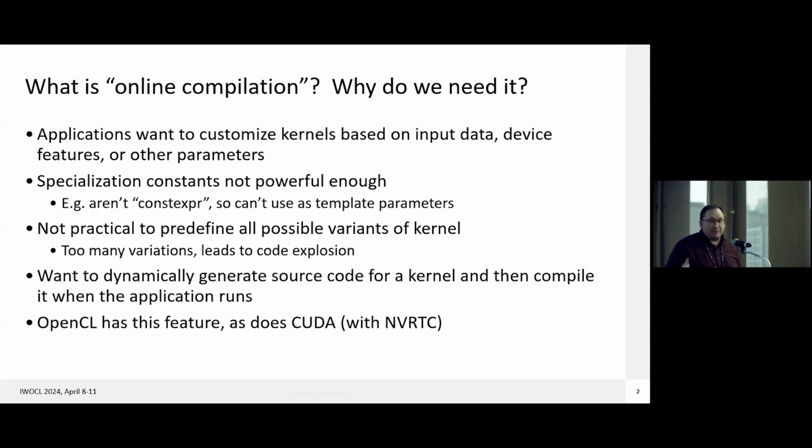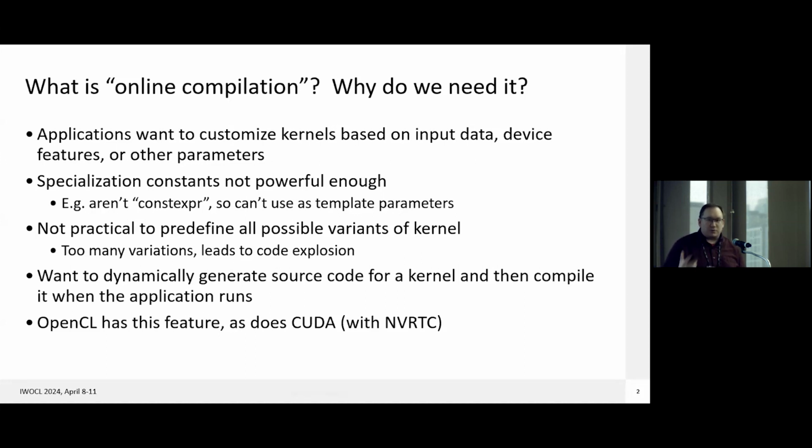However, that feature in particular has various limitations. For example, specialization constants, while they have constant in the name, aren't actually constant from the point of view of C++, which means they can't be used in things like constant expressions or as template parameters.